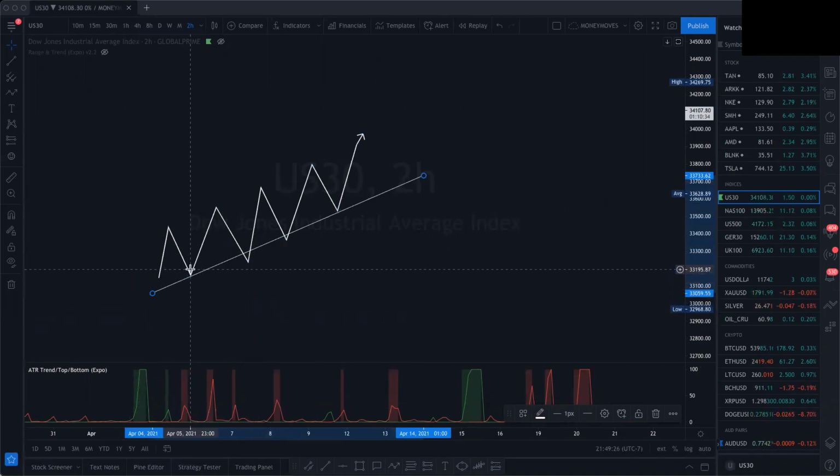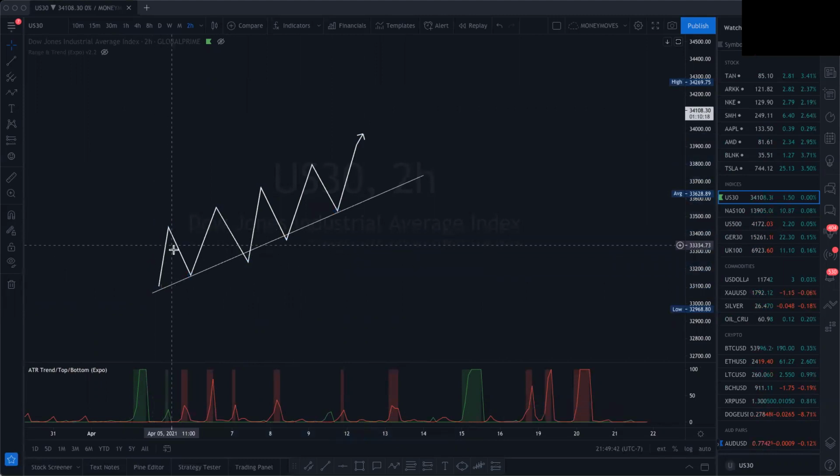We want to get in on the pullbacks because we all know what they say: buy low, sell high, right? So we're in an uptrend. We're not looking for sells. We're looking for buys. But say you only see the market once you're already in the impulse, you wait for the pullback, right?